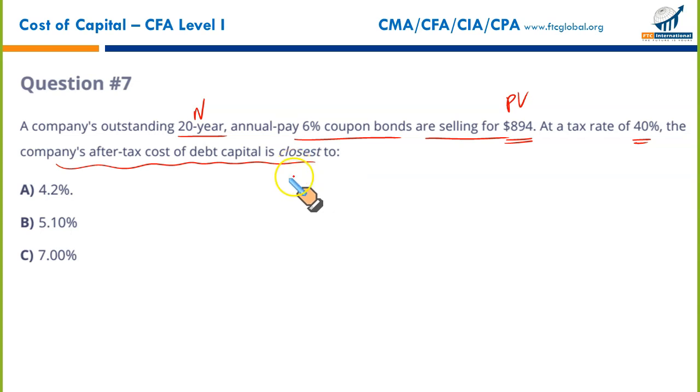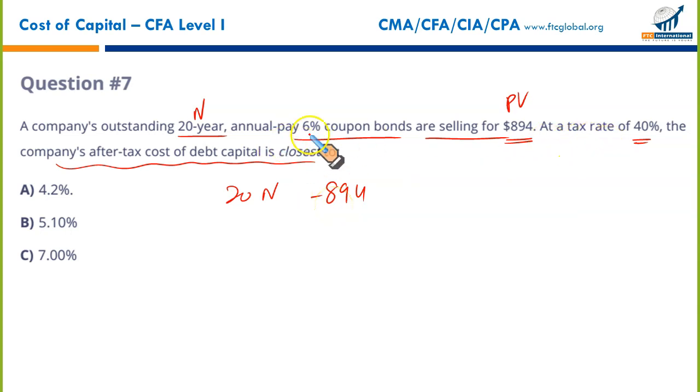First of all, 20 is the number of payments, or 20 periods. The 894 is the current market price. PV is 894. Remember, whenever you're calculating valuation of bonds or yield for bonds, you need to consider the current market price as negative.